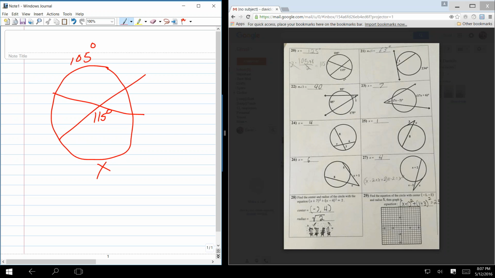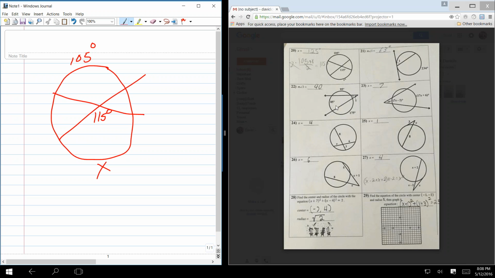In general, if you have the intersection outside the circle, like number 26, it's going to be the difference. Well, no, that's not true. Let's take 22. Notice that the 2 secant lines intersect outside the circle. That's going to be a difference of these 2 arc measurements, times 1/2.